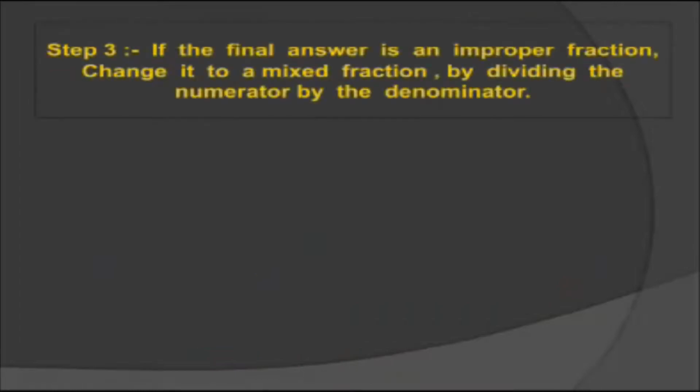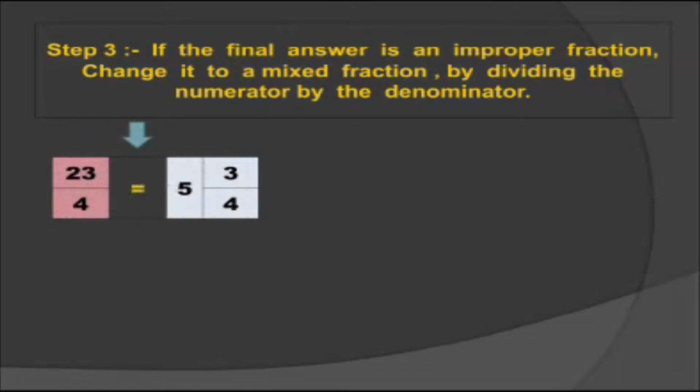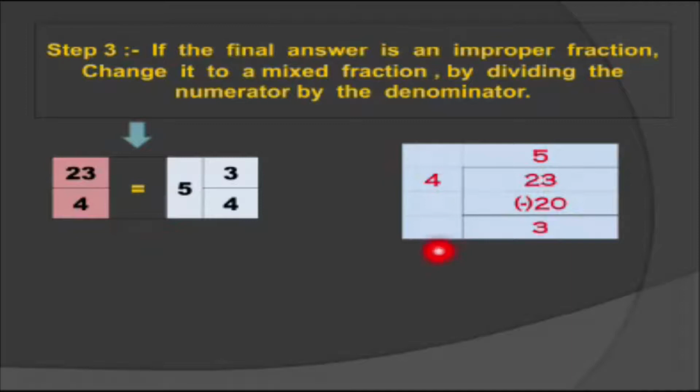Step 3 says that if the final answer is an improper fraction, we need to change it into a mixed fraction by dividing the numerator by the denominator. Let's see how. We are dividing 23 by 4.